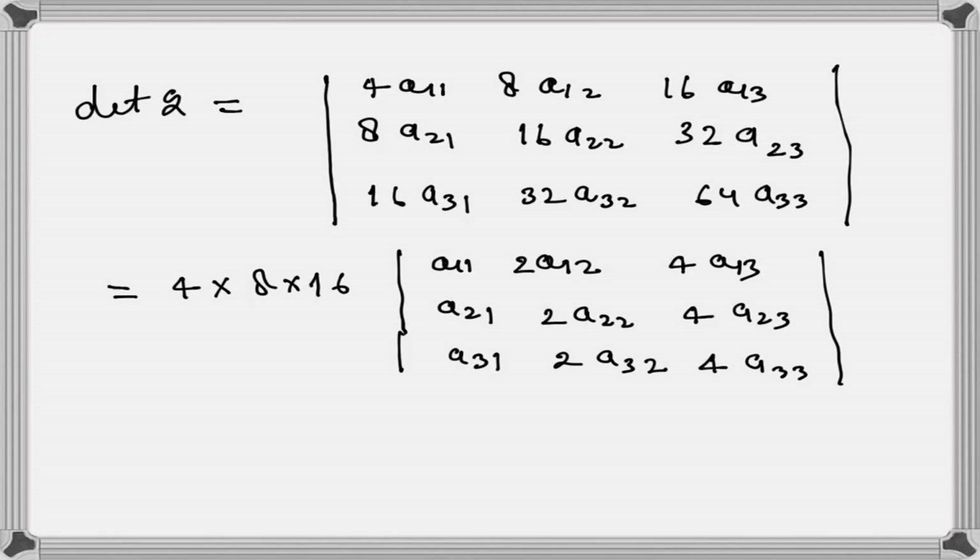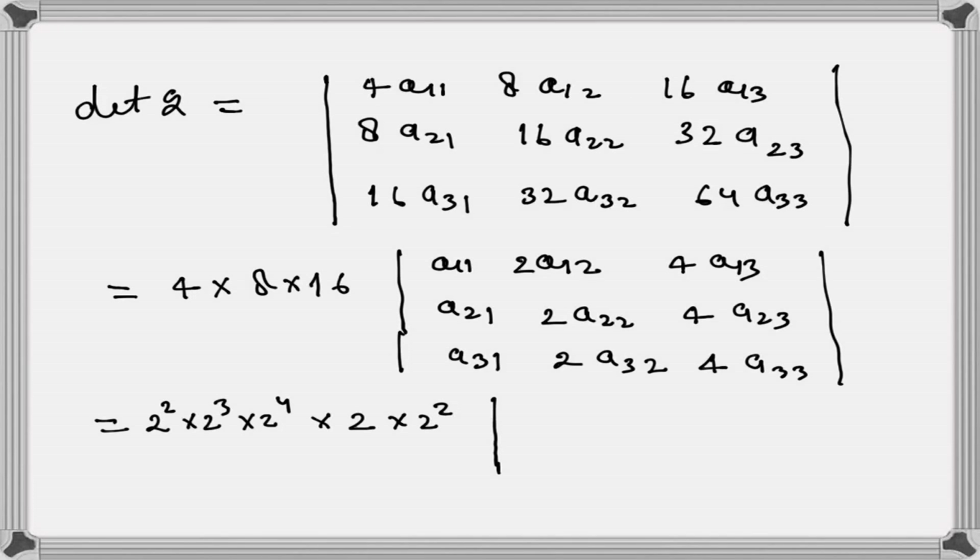Again, we can take 2 common from column 2 and 4 from column 3. So this we can write as 2 squared, 2 cubed, 2 to the power 4, and then take 2 common from column 2 and 4 from column 3.